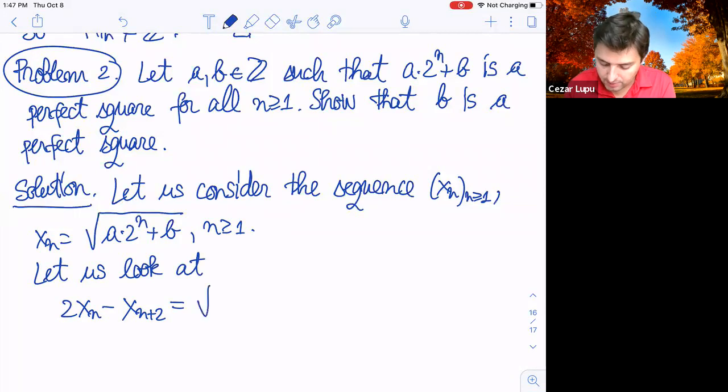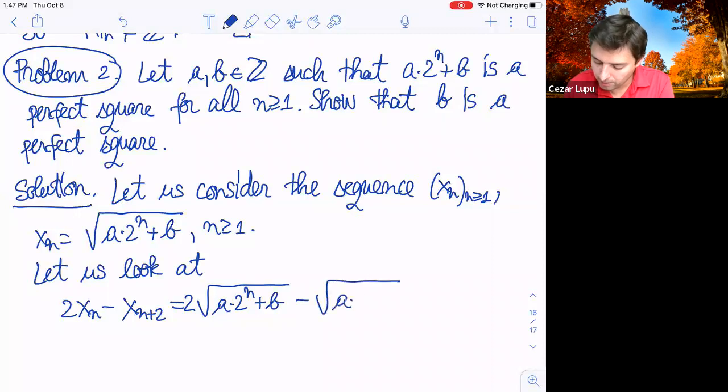If we look at it, this is nothing else than just 2 times the square root of A to the power 2n plus B, minus the square root of A to the power 2n plus 2, sorry, plus B.